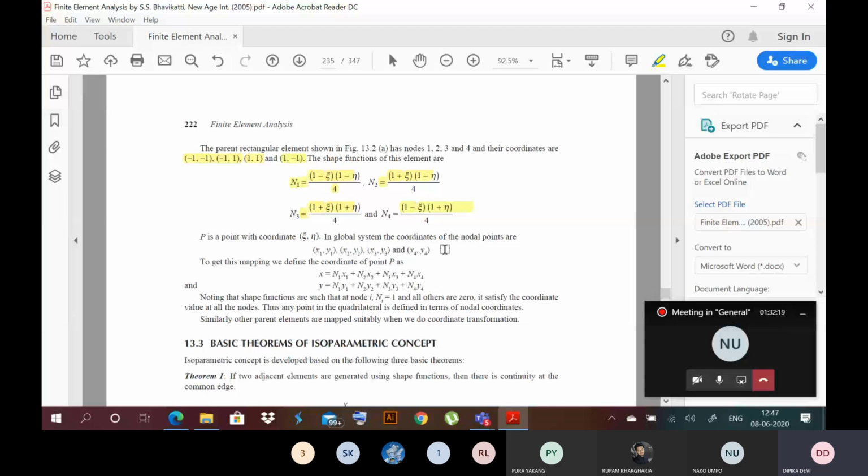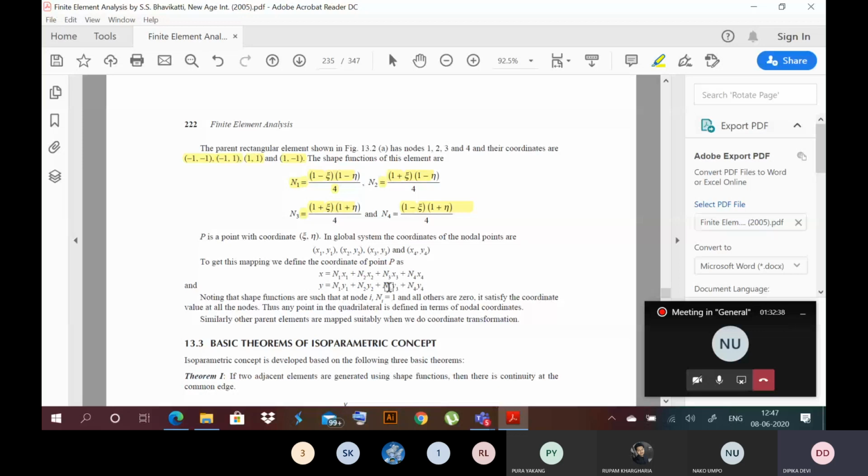In the global coordinate system, the nodal coordinates x1, y1, x2, y2, x3, y3, x4, y4 are known to us. Then the coordinate of the point P in the Cartesian system will be x equal to N1 x1 plus N2 x2 plus N3 x3 plus N4 x4.